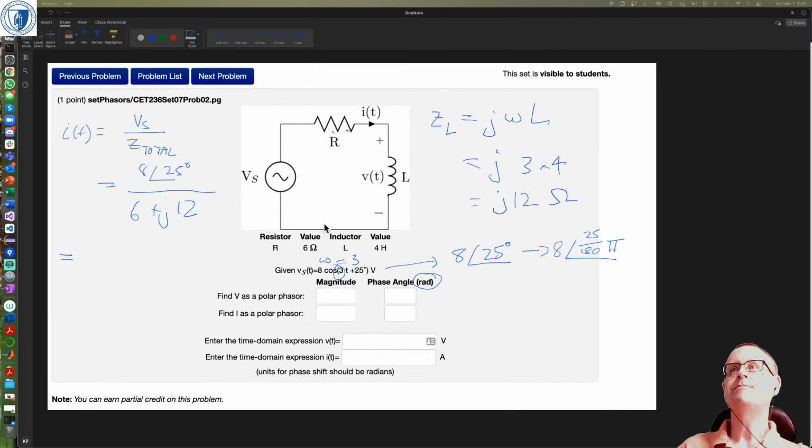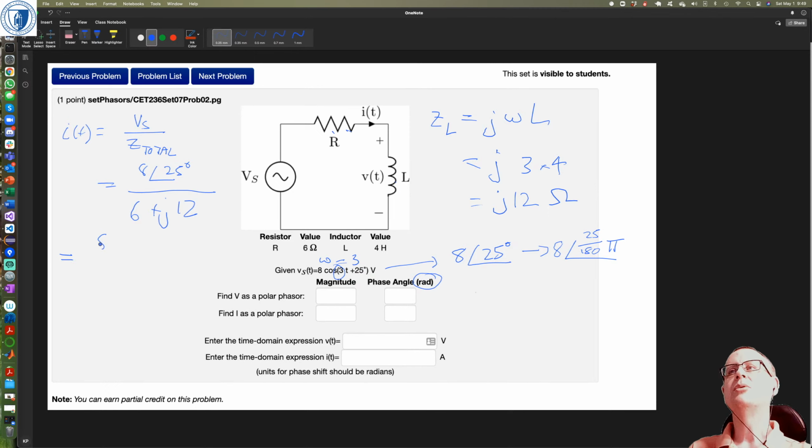So all I've done so far is, in Matlab, I've taken this 8 angle 25 and I've written 8 e to the i or j 25 on 180 times pi, right?